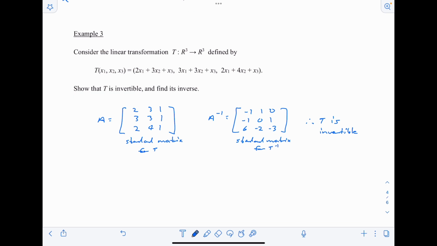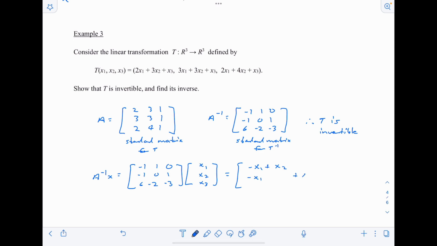Now, it says find the inverse of T. So A inverse times X is just the matrix -1, 1, 0, -1, 0, 1, and 6, -2, -3, and then X just representing the variables x1, x2, x3. So if we multiply this out, it's going to give us -x1 plus x2, -x1 plus x3, and 6x1 minus 2x2 minus 3x3.